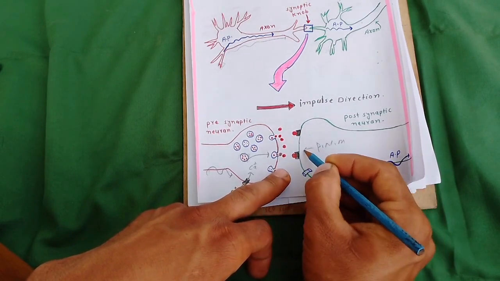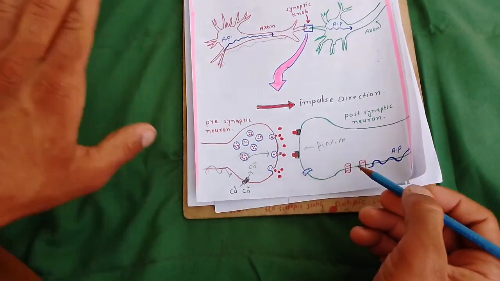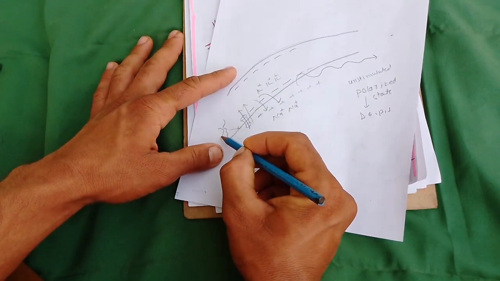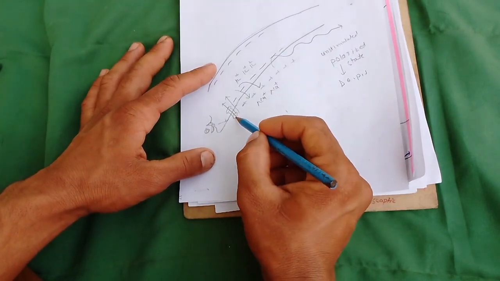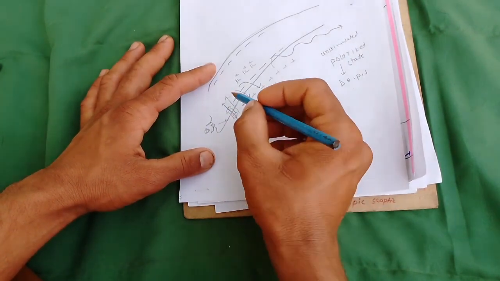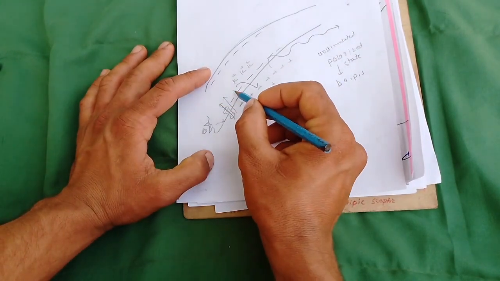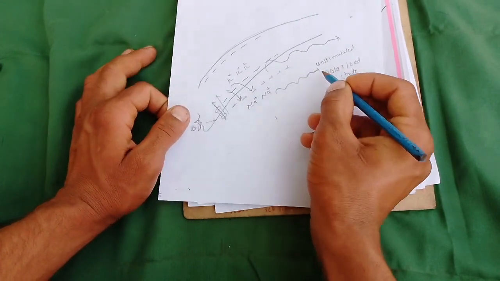When the excitatory neurotransmitter is attached here, the same phenomena occur. Sodium voltage-gated channels open and potassium voltage-gated channels open. So sodium influx, potassium outflux, and the current is produced in the forward direction.